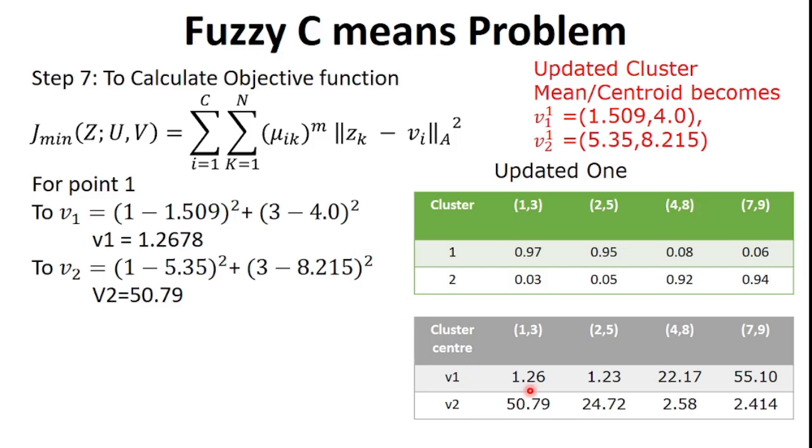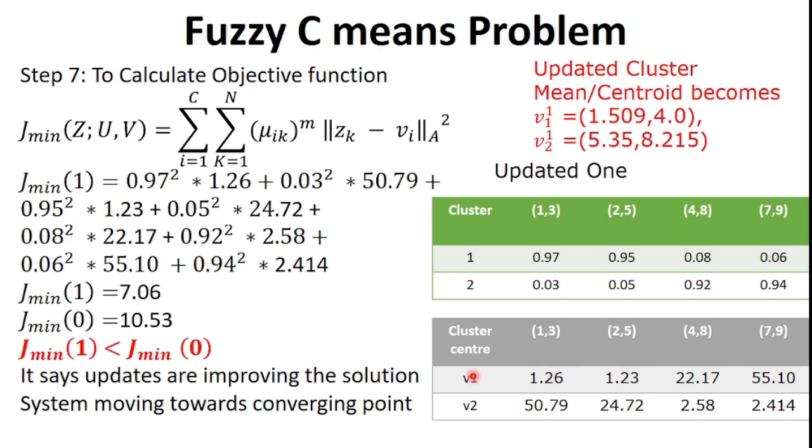For V1, how to calculate it? It is the first data point 1 minus 1.509, the whole square, plus 3 minus 4, the whole square. If you do that, you will get 1.2678. This is the distance between the first data point and the first cluster center V1.